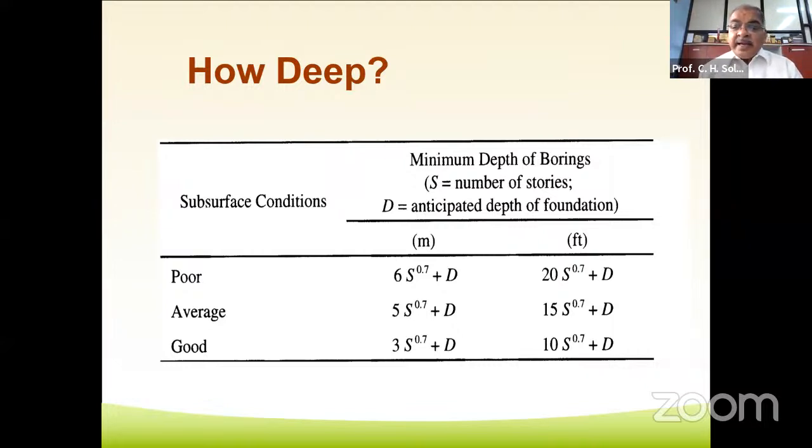It has been presented here in this slide. If your strata is poor, average or good, S indicates the number of stories and D indicates the anticipated depth of the foundations. Based on that, you can decide the depth of the boring.